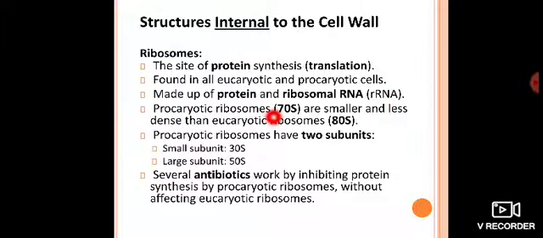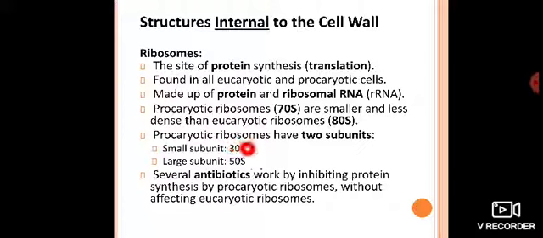Now the prokaryotic ribosome, 70S, is smaller and less dense than the eukaryotic ribosome, 80S. Here we are discussing bacteria. Bacteria have prokaryotic ribosomes, which have a 70S ribosomal unit, while the denser eukaryotic cell has an 80S ribosomal unit.